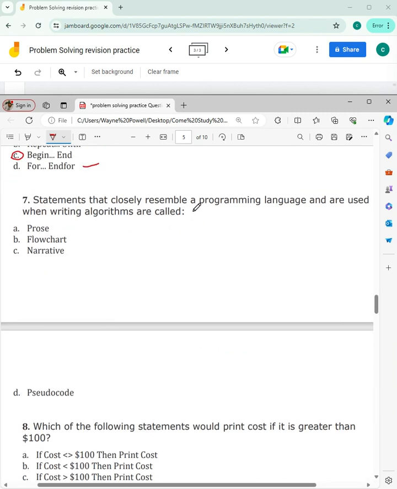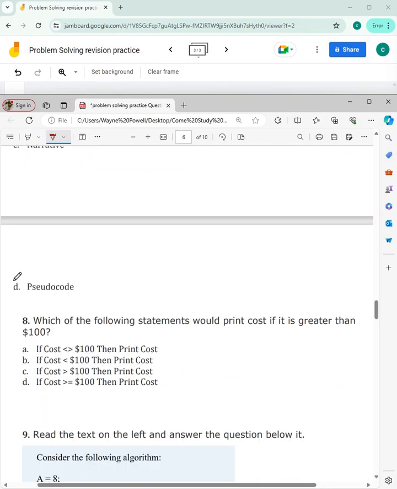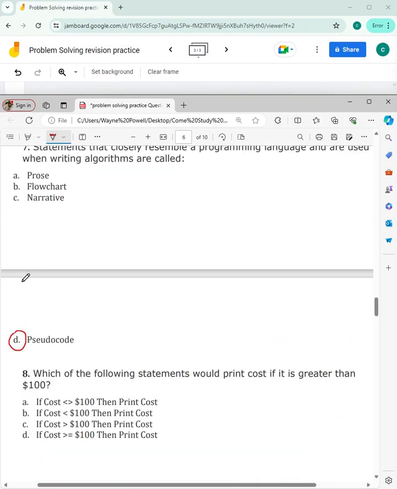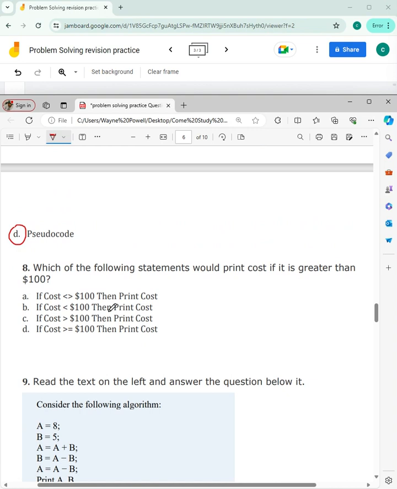Statements that closely resemble a programming language and are used when writing algorithms are called what? We call that pseudocode, right? Which of the following statements would print cost if it is greater than 100?